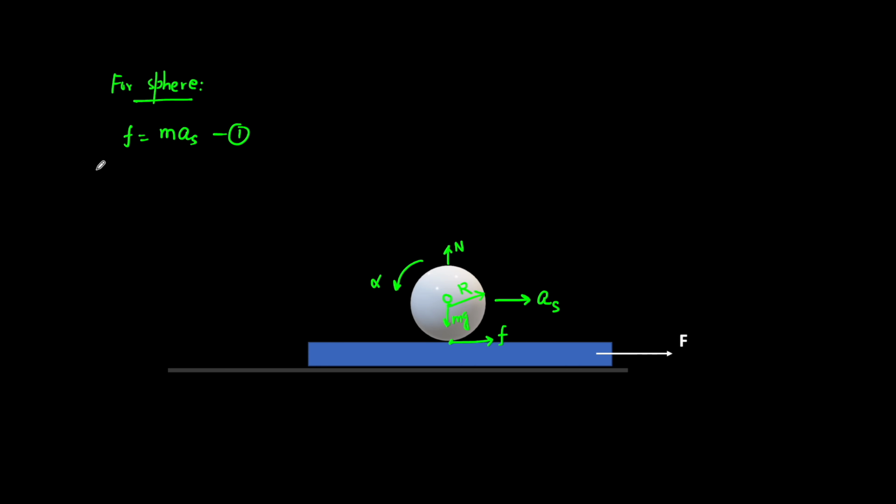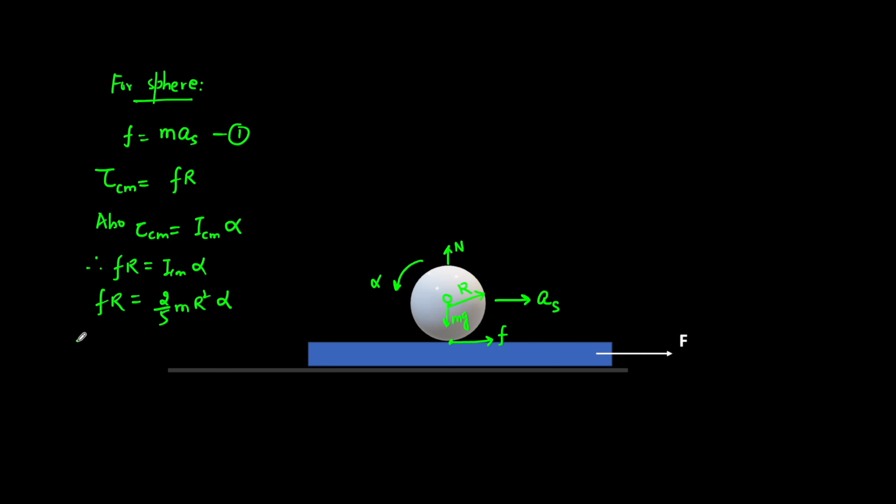So the torque about the center of mass is equal to f r. Also, the torque about the center of mass is equal to the moment of inertia about the center of mass multiplied by the angular acceleration produced. Therefore, we can write f r is equal to I_CM alpha. Now guys, I_CM is the moment of inertia of the sphere, which is 2/5 m r squared, so f r = (2/5) m r² alpha. Alpha is 5f over 2mr. Suppose it's equation number 2.